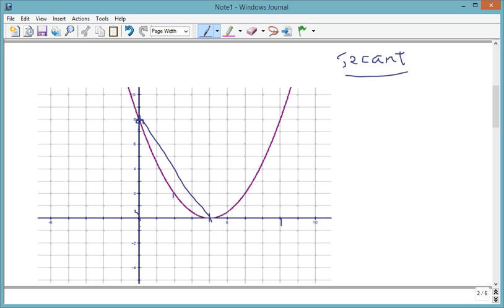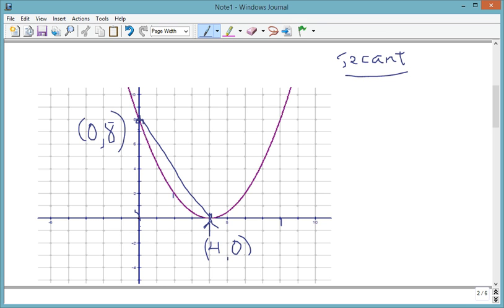So whatever it is here, well, let's just look at it this way. We want the slope of this secant line because slope is a rate of change, right? So this point right here is 4, 0, right? And this point right here is 0, 8.